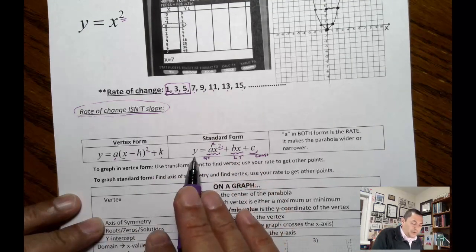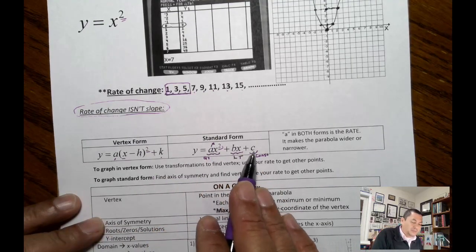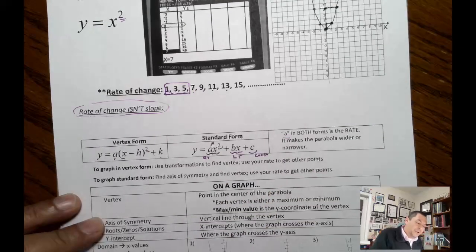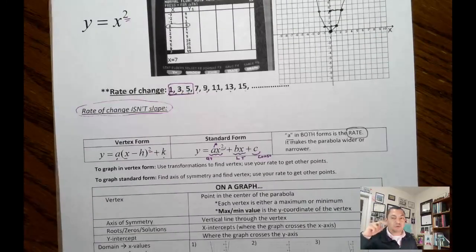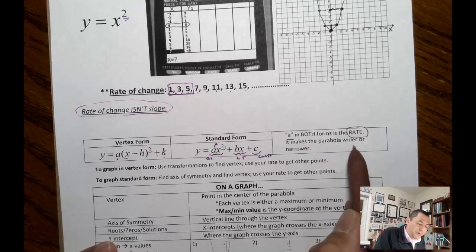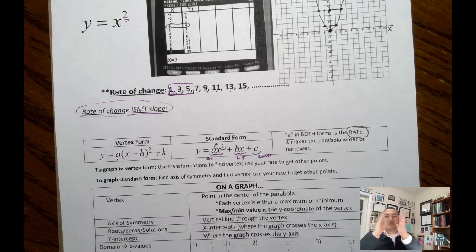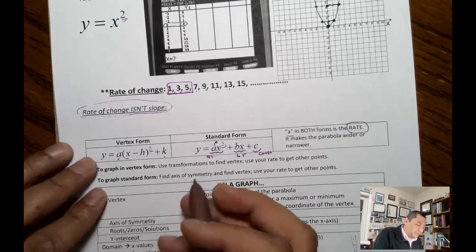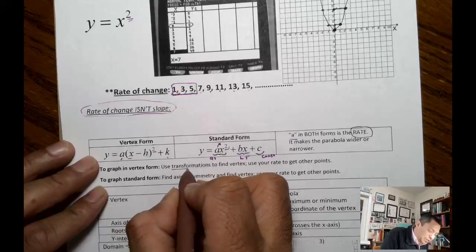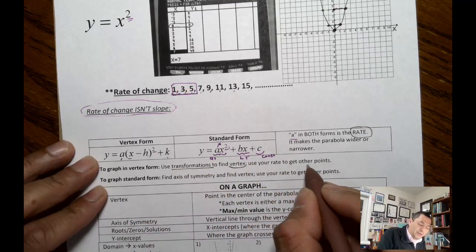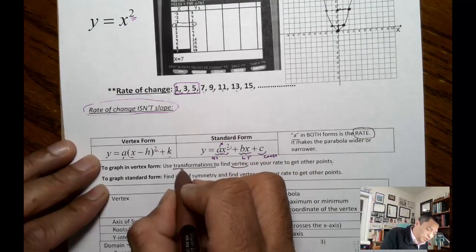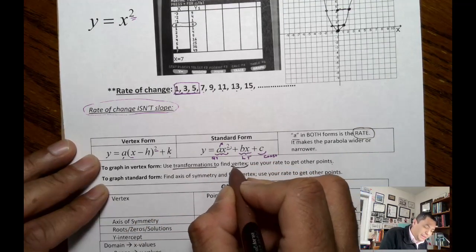And the standard form we mentioned is y equals ax squared plus bx plus c. A in both forms is the rate. That's going to tell you how the graph is going to grow. It makes the parabola wider or narrower, and I'll explain that one in a minute. For the graph in vertex form, use transformations to find the vertex, and use your rate to get other points. Okay, so we're going to use transformations to find the vertex.